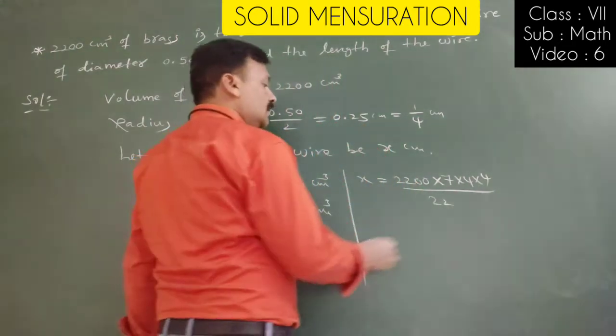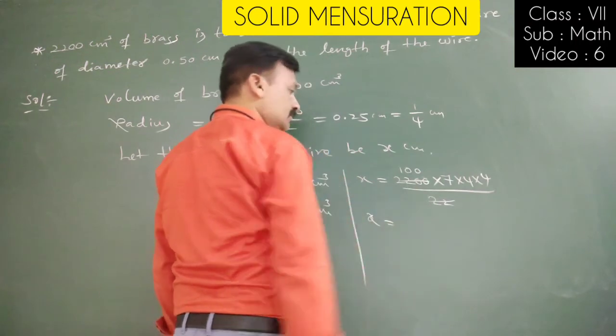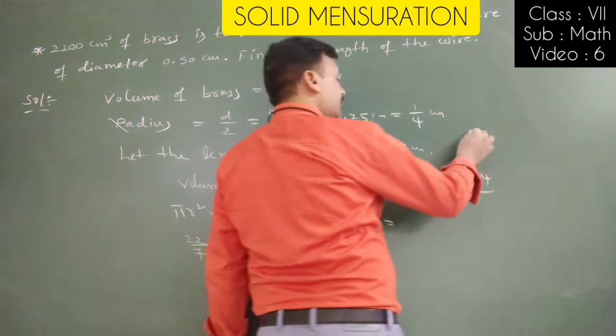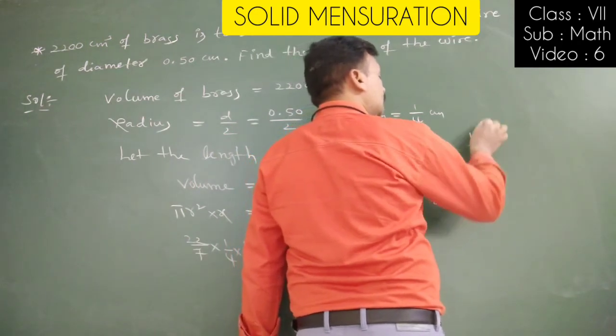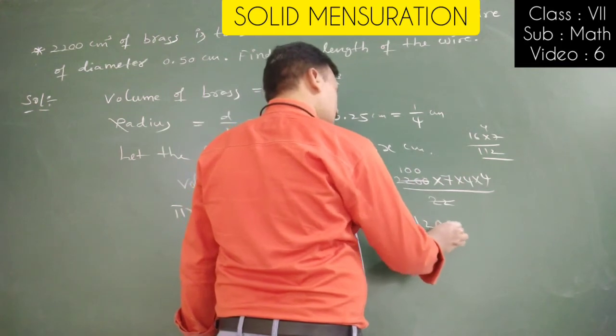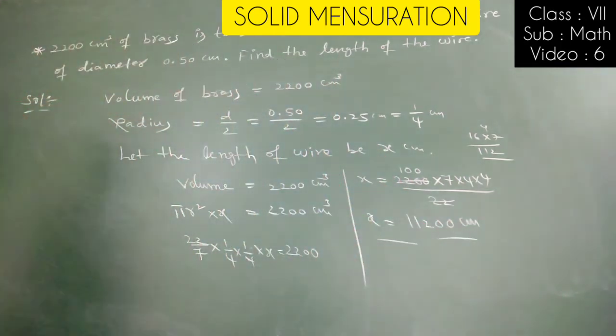Here 100 times. Now x equal to 4 4s are 16, 16 into 7, 112. So 11200 centimeters is the required length of the wire.